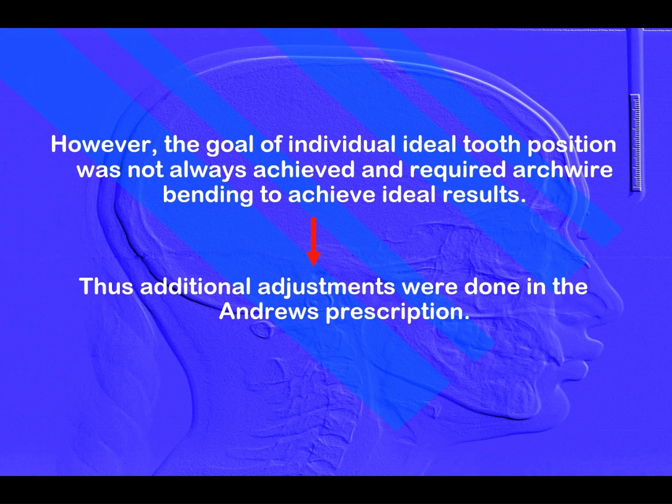However, even after the precise placement of brackets as recommended by Andrews, the goal of individual ideal tooth position was not always achieved and demanded additional arch wire bending to achieve the ideal results. Thus, additional adjustments were made to the Andrews straight wire appliance.